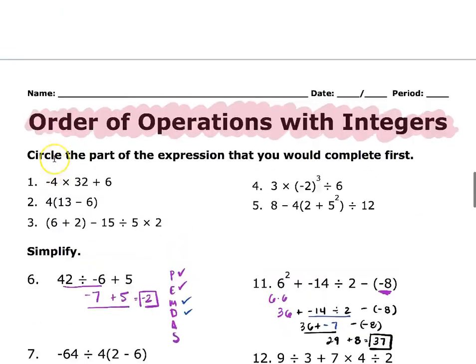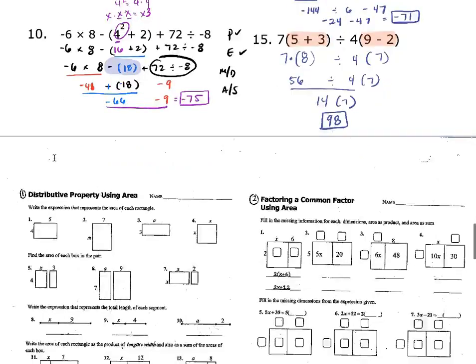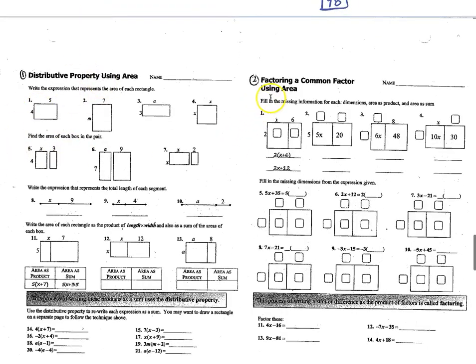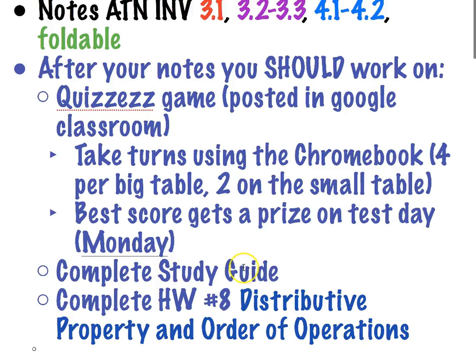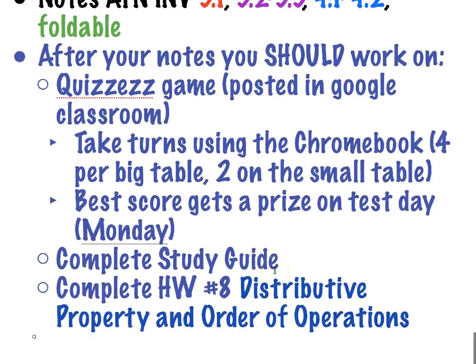You already did this side. You did the left side over here, and you're going to be working on the right side. So this side, you have your study guide, and you have your quizzes assignment on the Google Classroom. So work on those 3 things.